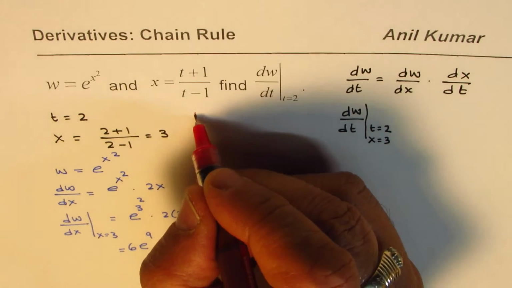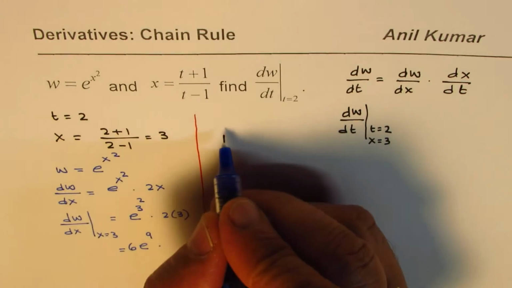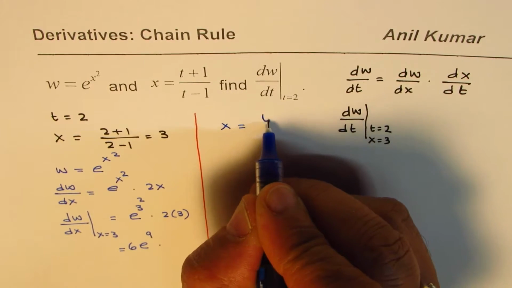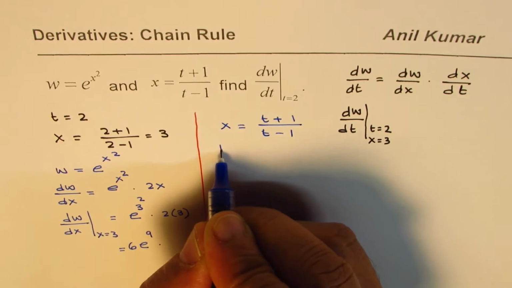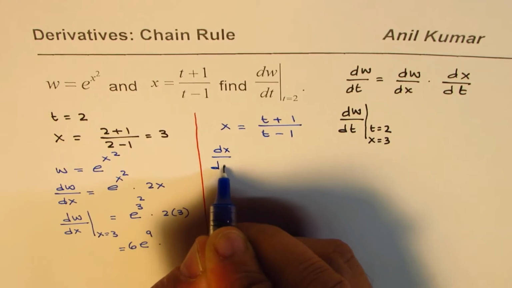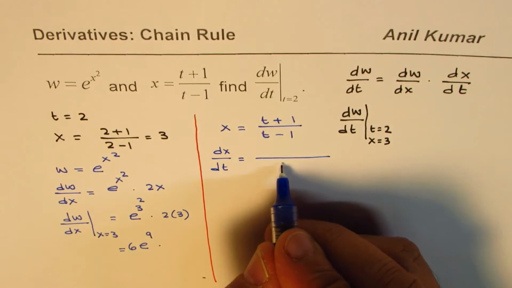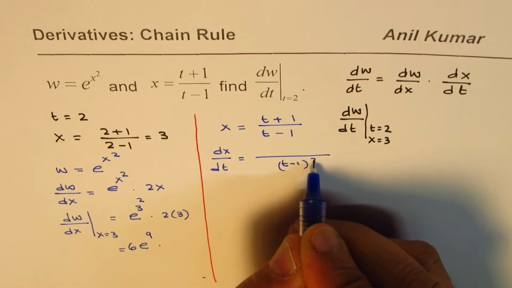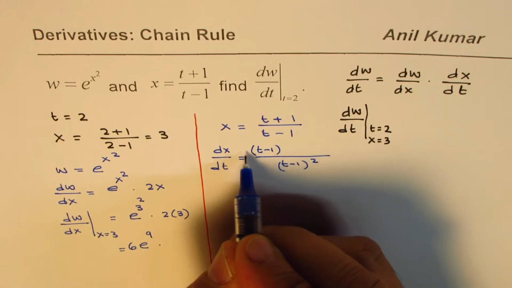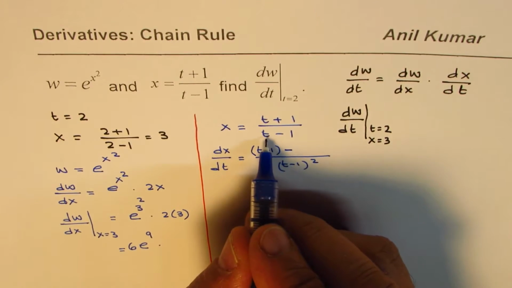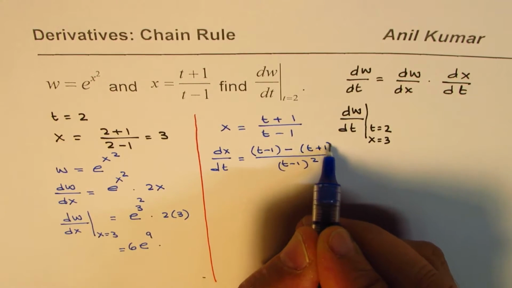Now let's find the derivative of the second function. The second function is x equals t plus 1 divided by t minus 1. dx/dt, we can apply the quotient rule: t minus 1 whole square in the denominator. The derivative of the numerator is 1, so we get t minus 1 times 1, minus the derivative of the denominator, which is also 1, times t plus 1.